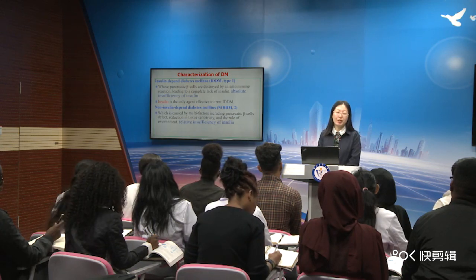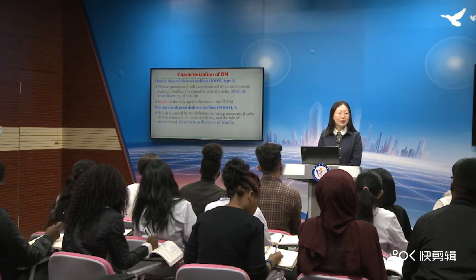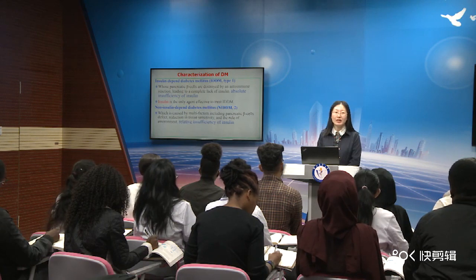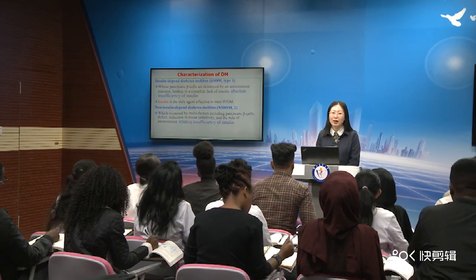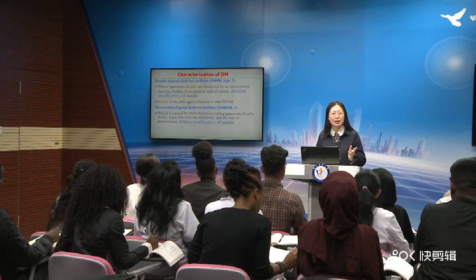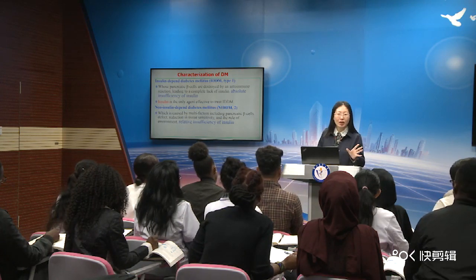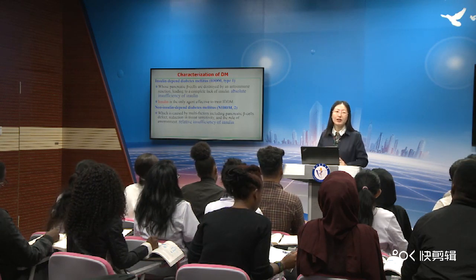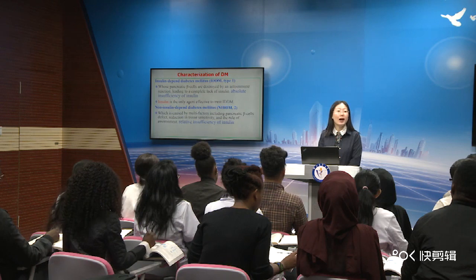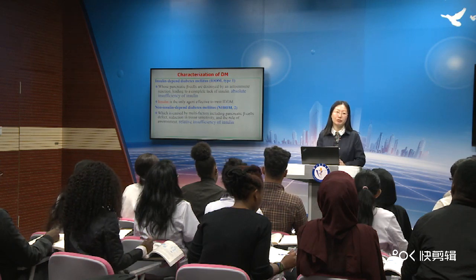Their insulin insufficiency is relative. So what's the meaning? If we use some drugs to stimulate the beta cell, it can still release insulin. So the treatment method of NIDDM differs from that of IDDM.